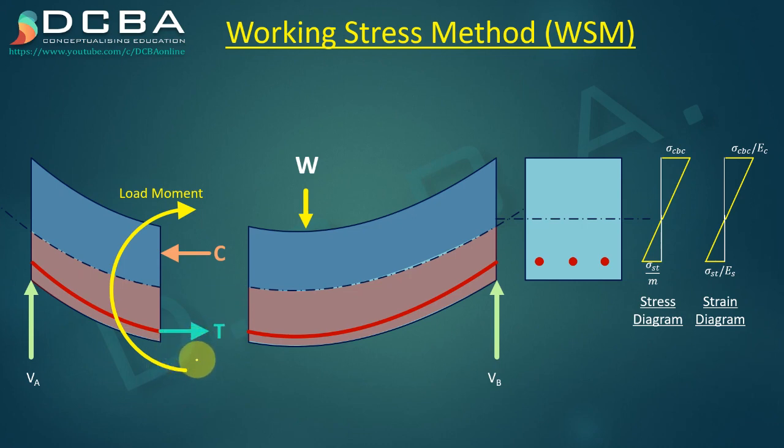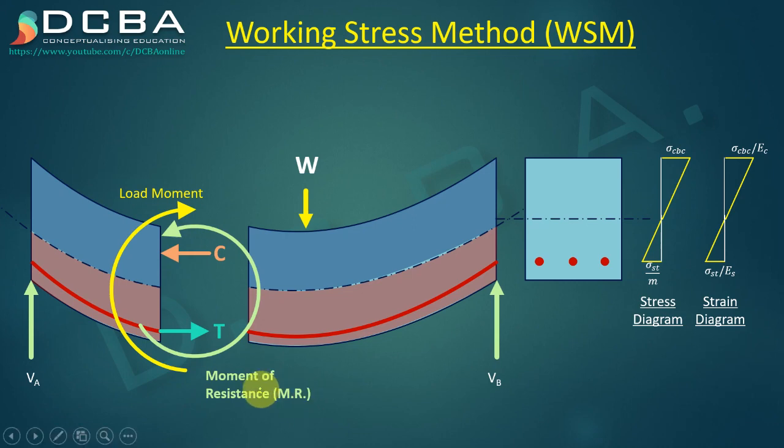Okay. Now you see what has happened here. It has formed a couple moment, and it is a resistive moment to this loading, and it is called the moment of resistance. So this couple that has been formed here is a reactive moment to this load moment, and it is equal to that load moment, correct?